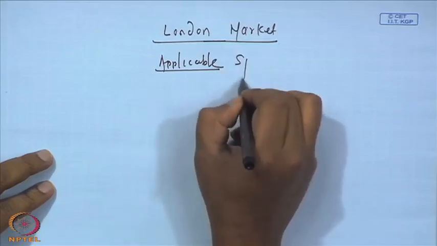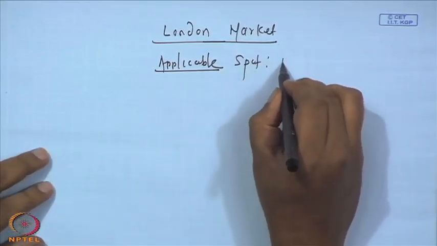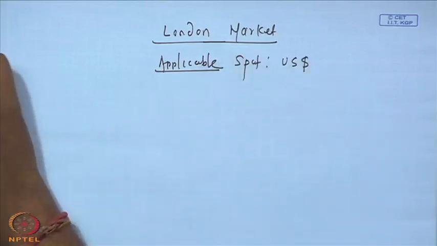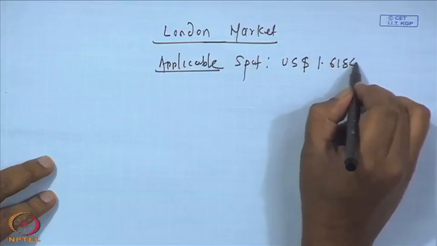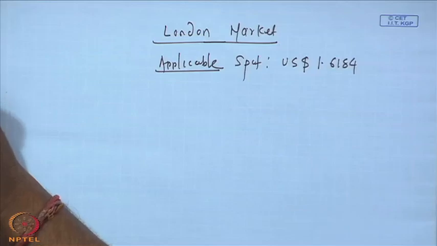When you surrender pound sterling, you will get the US dollar, but how much will you get? You will get less. So, the applicable spot of US dollar 1.6184 is the rate, but this will happen when? September 30th. We are now in August.